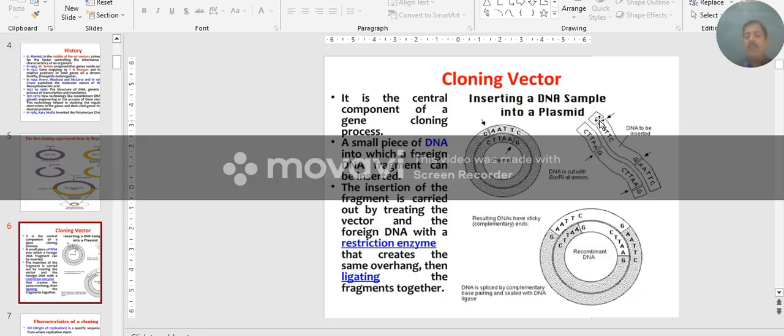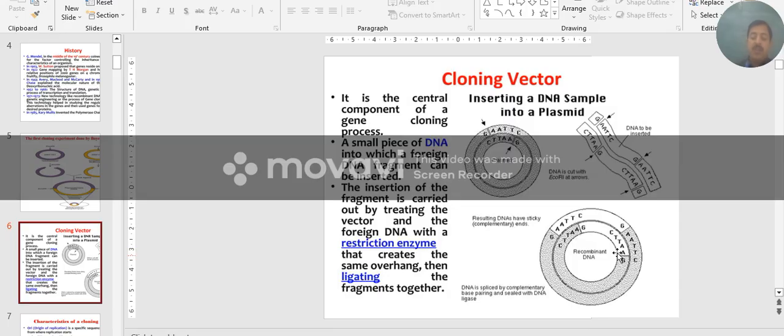Once the overhangs of the foreign DNA are generated, they are ligated with the two open ends of the plasmid vector molecule and allowed to anneal. Once annealing is over, you can see a chimeric or recombinant DNA is generated.